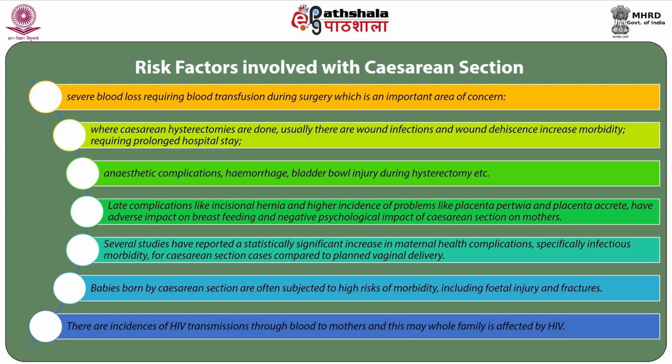Several studies have reported a statistically significant increase in maternal health complications, specifically infectious morbidity, for Caesarean section cases compared to planned vaginal delivery. Babies born by Caesarean section are often subjected to high risks of morbidity, including fetal injury and fractures.